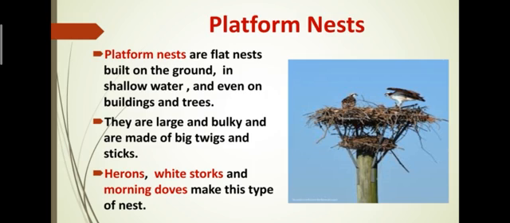They are made with big twigs and sticks. In the picture, you are able to see the nest is made on the top of a tower. Herons, white stork, and mourning doves are the birds who make platform nests.